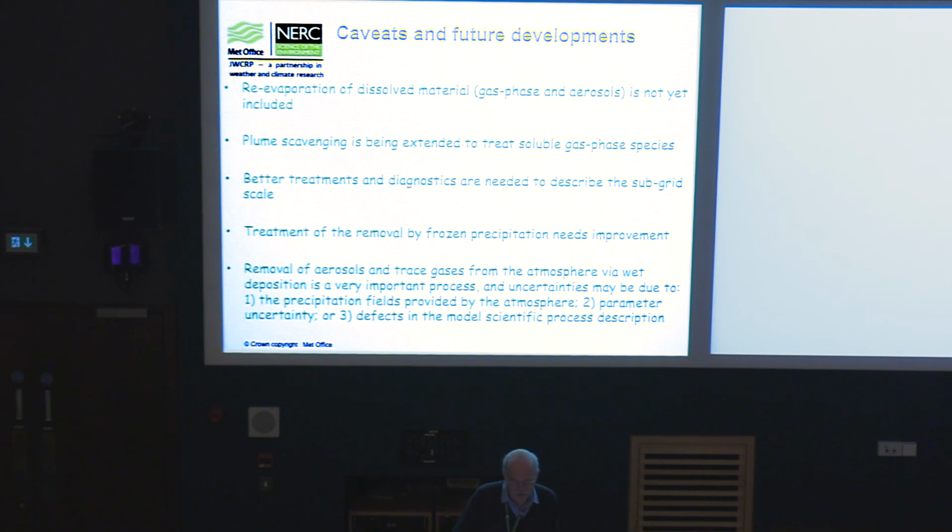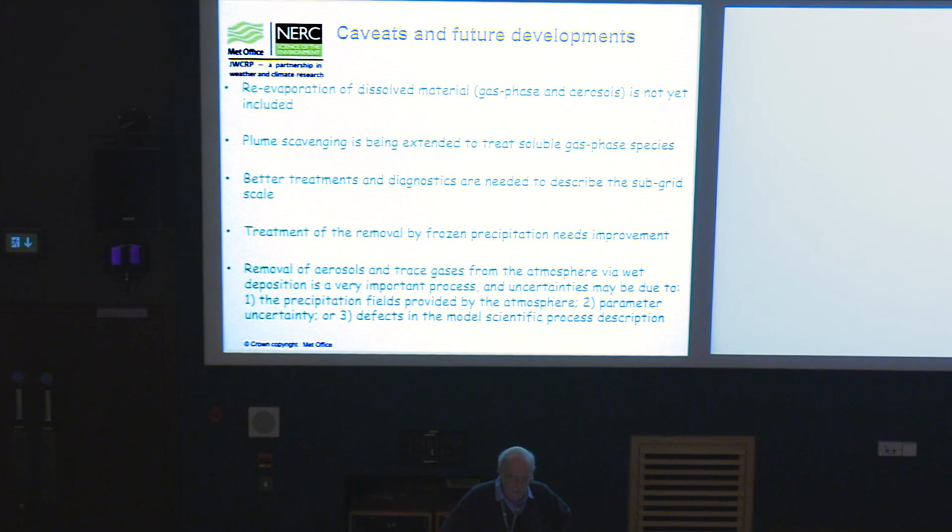Sometimes you read papers which describe parameter uncertainty, and for very important species the parameter uncertainty of wet deposition is quite small, because almost all of a species like nitric acid is already in the cloud droplet, so changing the fraction, you're dealing between 98 and 99%, doesn't change things very much.